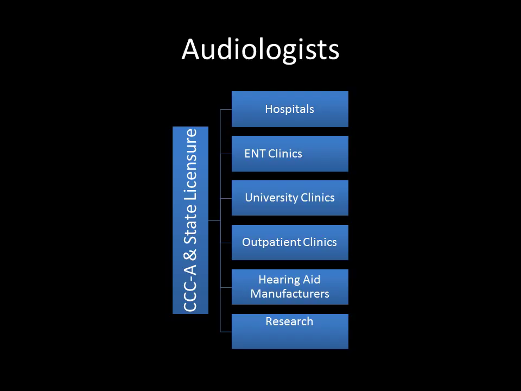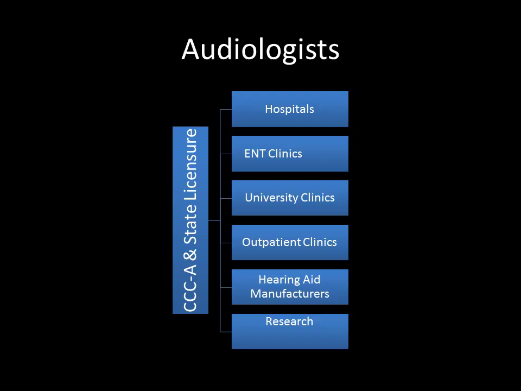Once audiologists complete their training, pass their exam, and complete their practicum experience, they then can receive their CCC, or Certificate of Clinical Competence, from ASHA. They also receive their state licensure in whatever state that they are working in.